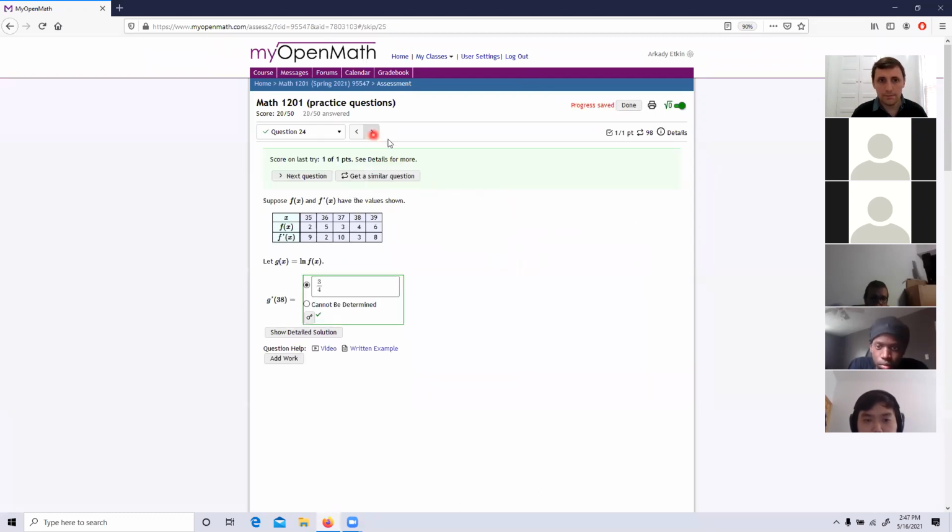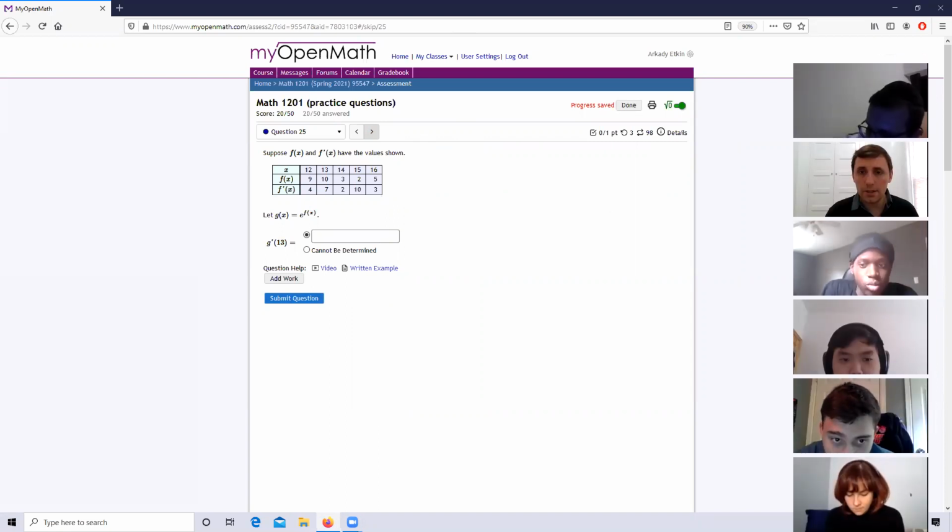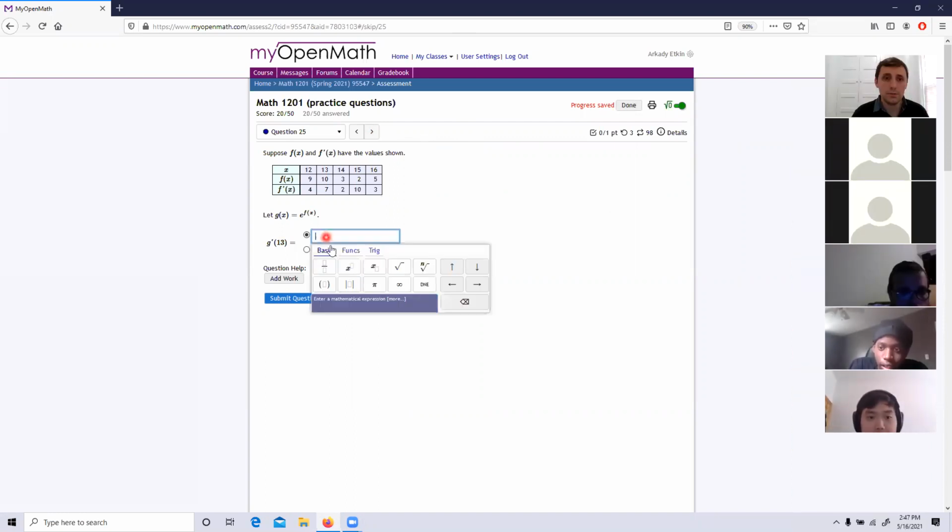Let's move on. Here is another one, guys. We understand how to solve this one as well, yes? I can just quickly write it. We solved this question already a bunch of times, so how do you write exponential functions?